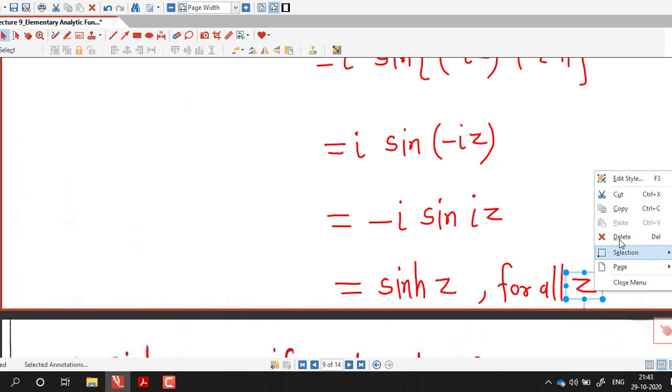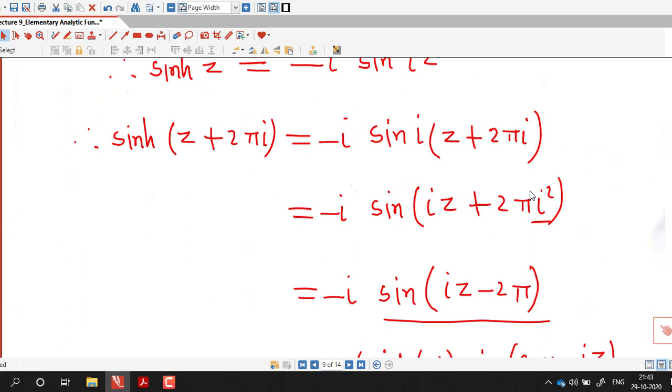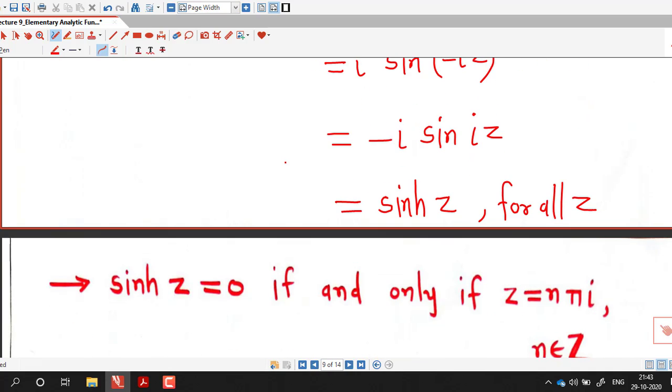Our left hand side was sine hyperbolic z plus 2 pi i, and we started from sine hyperbolic z plus 2 pi i, and we obtained sine hyperbolic z for all z.